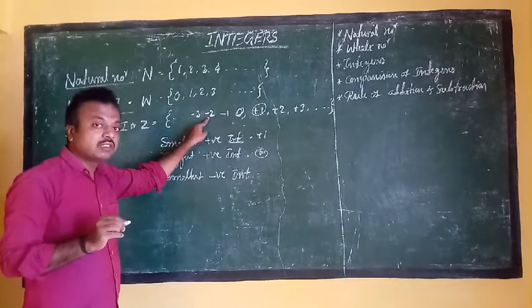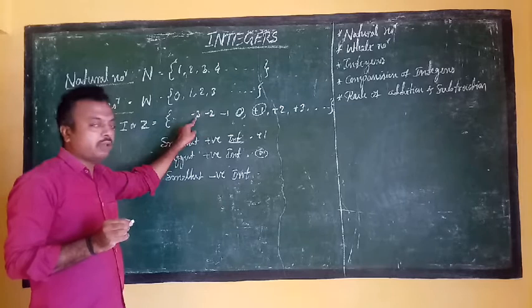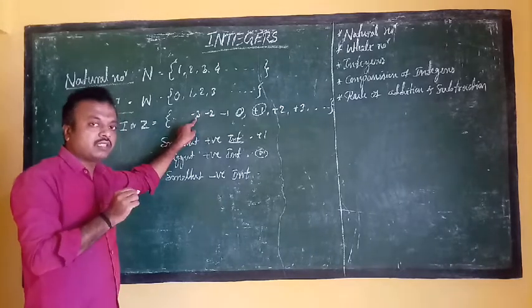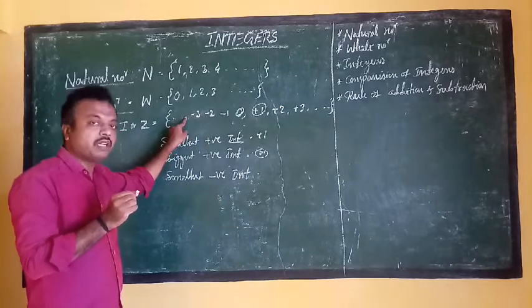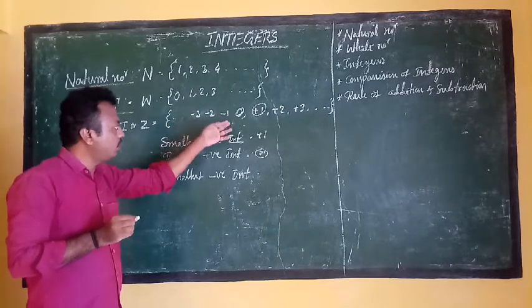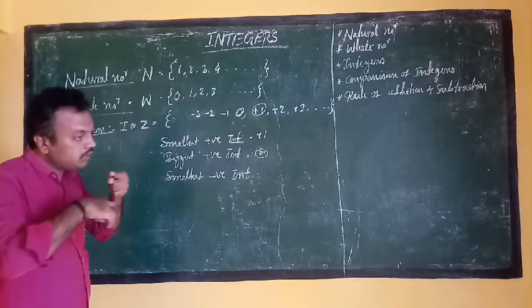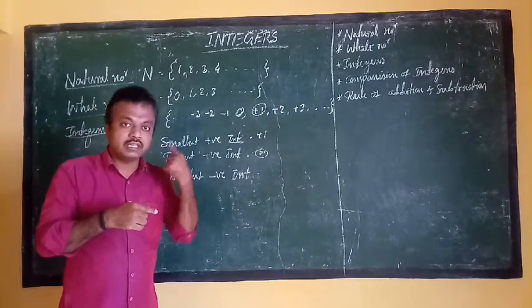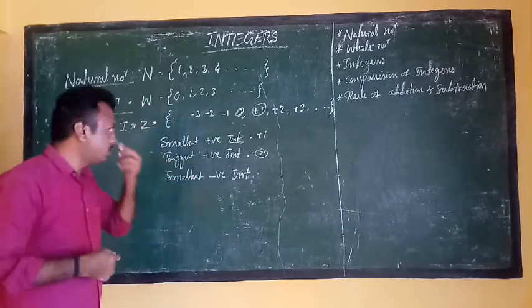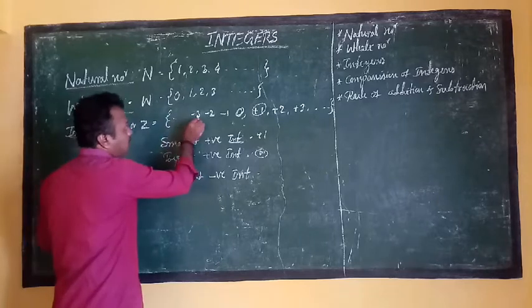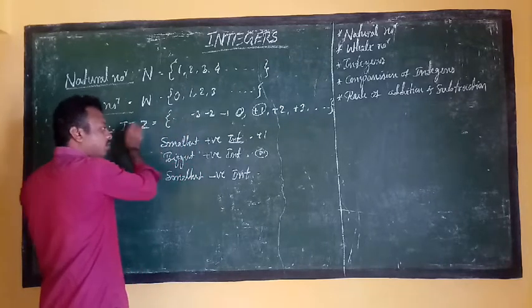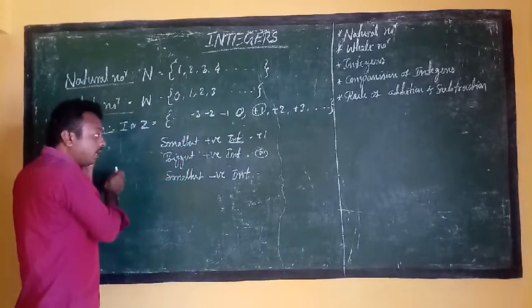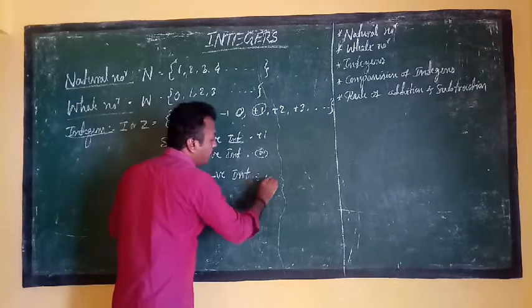Minus 2 is smaller. Minus 2 and minus 3, compare: minus 3 is smaller. Minus 3 and minus 4: minus 4 is smaller. So when the negativity increases, the value decreases. Negativity increases, value decreases. So the smallest negative integer is infinity.